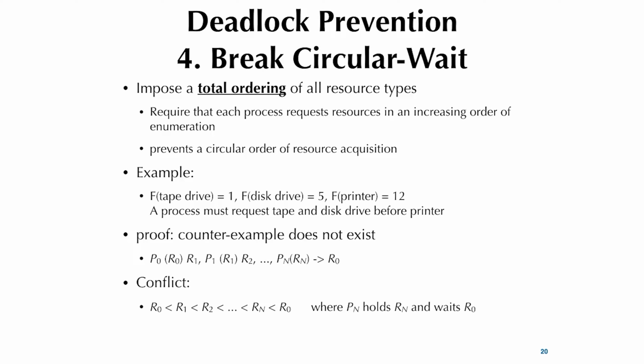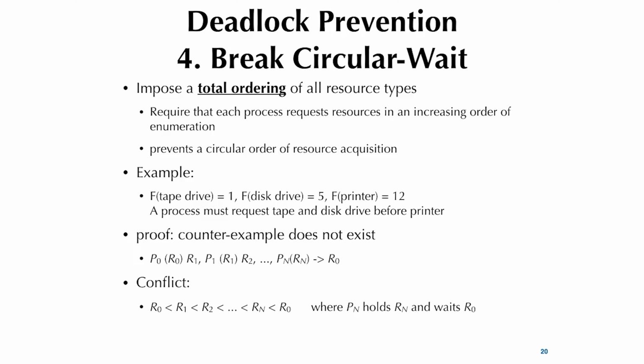But if you lock them all in the same order, or have some total ordering, say tape drive is always order 1, disk drive order 5, printer order 12, and if you acquire these multiple resources you are required to always go from low number to high number, then you can actually prevent deadlock.